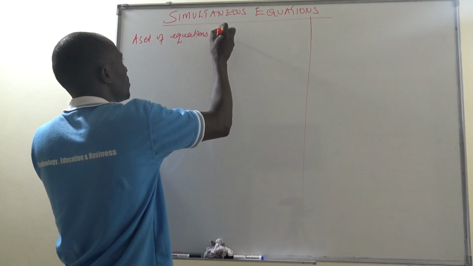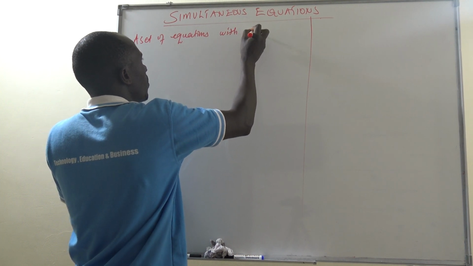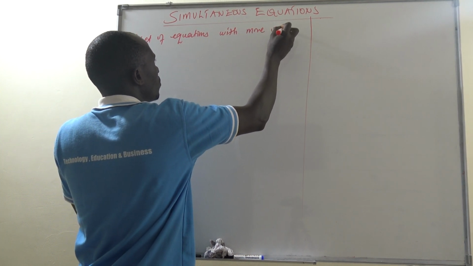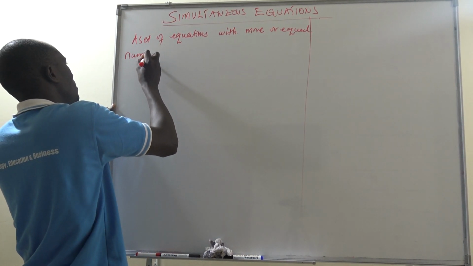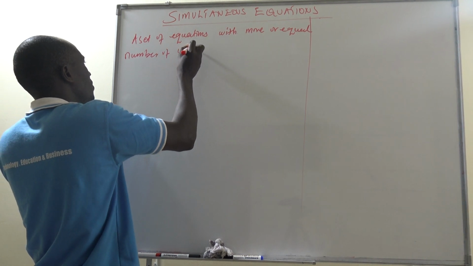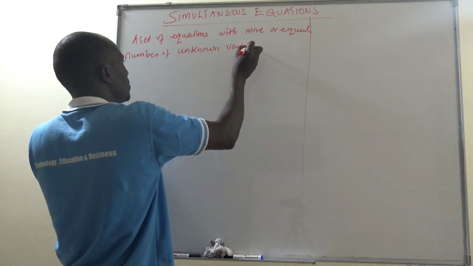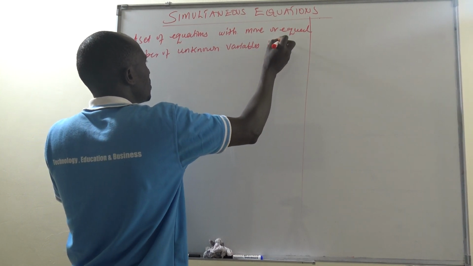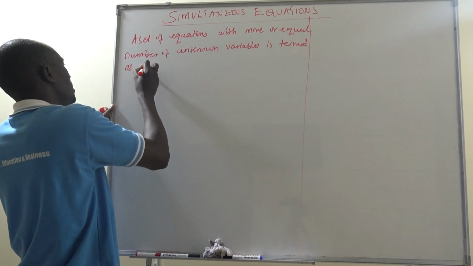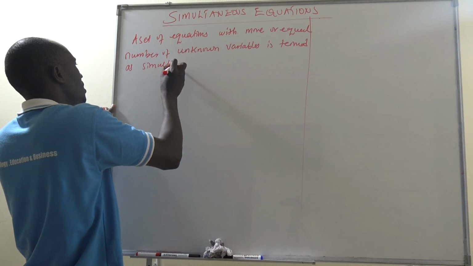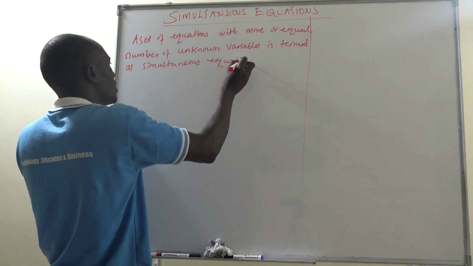A set of equations with more than or equal numbers of unknown variables is termed as simultaneous equations.